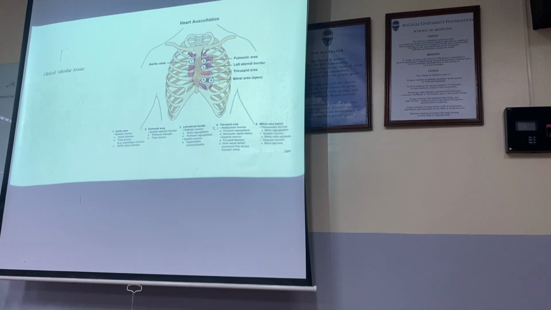Next. Maybe a landmark. Maybe the heart itself. I told you already, right? Clinical valvular area. So when will they appear? In connection with the valve, or again in the anterior chest wall. If I will pin or take a certain area, 1, 2, 4, 5, you have 4 valves, right?